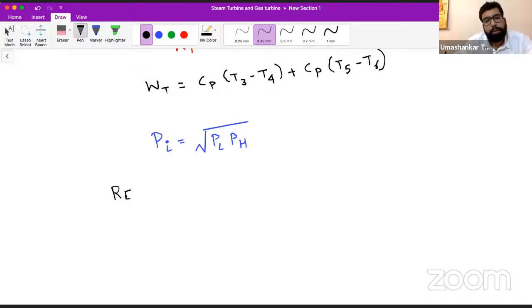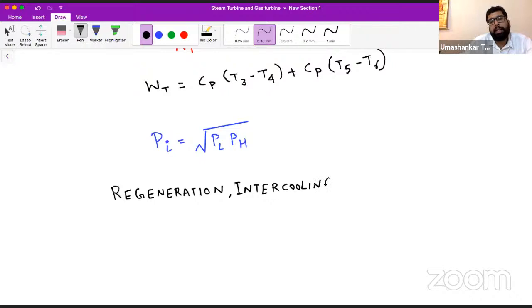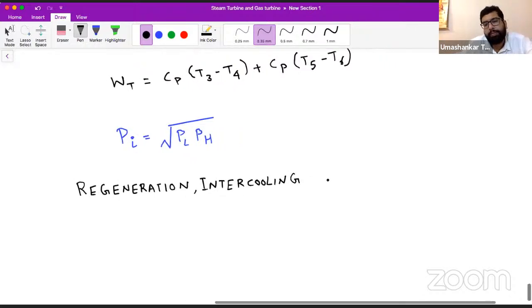So we have seen regeneration alone. If we summarize, in regeneration alone our efficiency increases. In intercooling alone, we may see that our efficiency decreases.